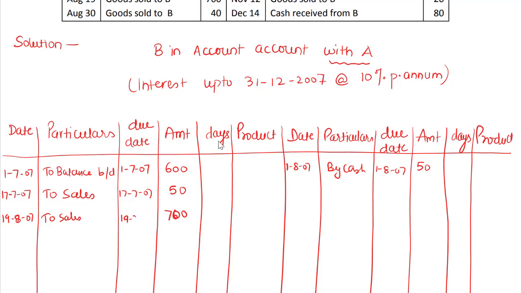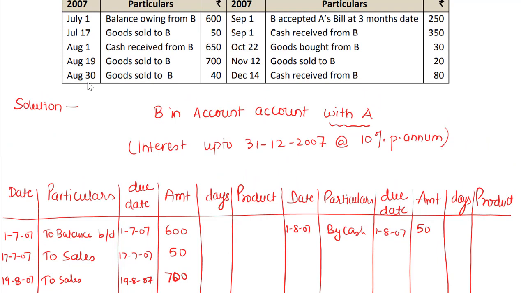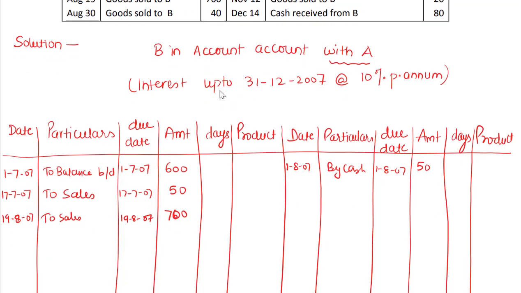Due date is 19th August 07. Next is 30th August, goods sold 40. 30th August to sales 40. Due date is 30th August.